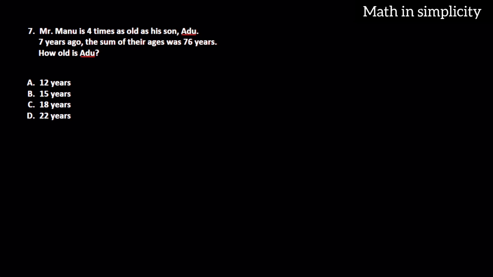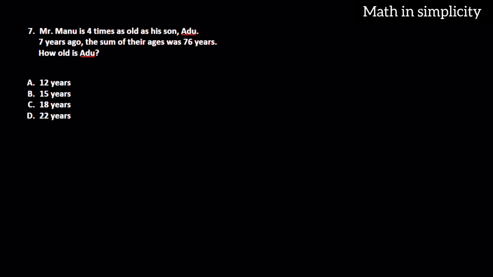Okay, now for number 7, we have that Mr. Manu is 4 times as old as his son Adu. Now these names are quite funny, but we just continue. 7 years ago, the sum of their ages was 76 years. How old is Adu?